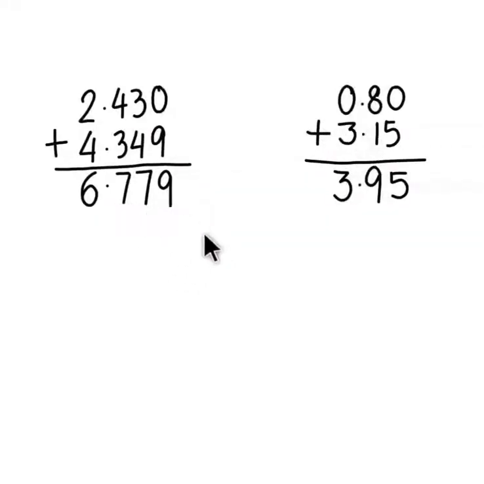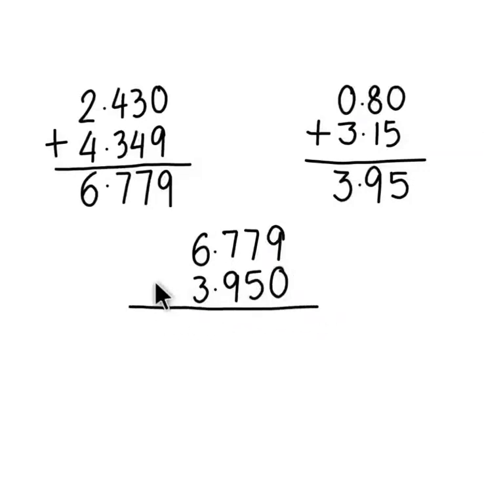So we write down this number again, 6.779, and we have to subtract 3.95. So 3.95, and let us put a 0 over here so that the decimal places are equal in both the cases. Now we will subtract. 9 minus 0 is 9. 7 minus 5 is 2.